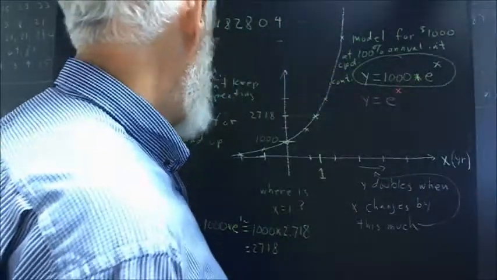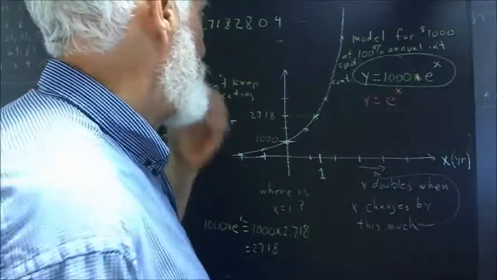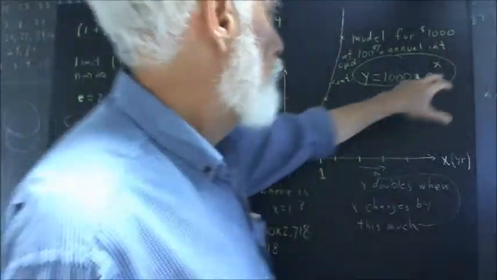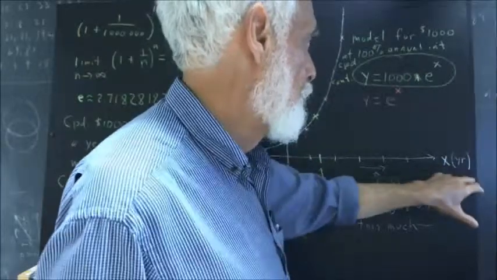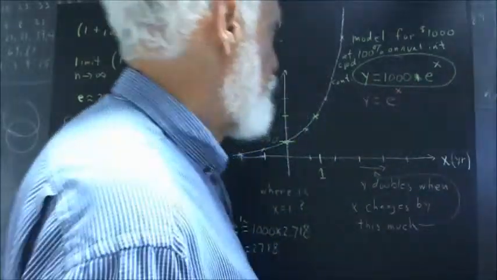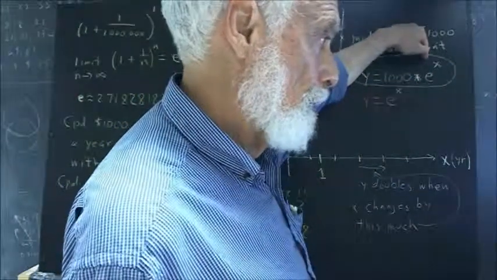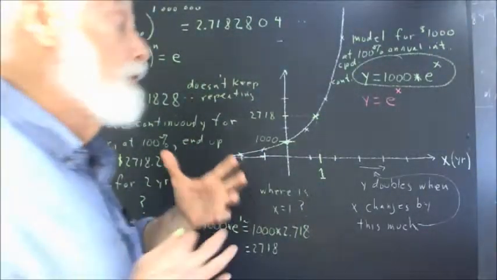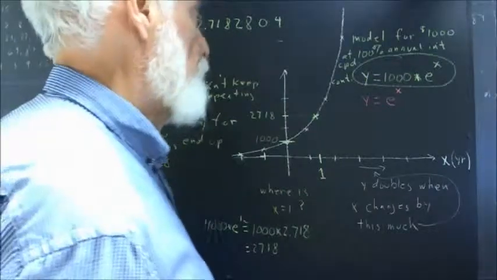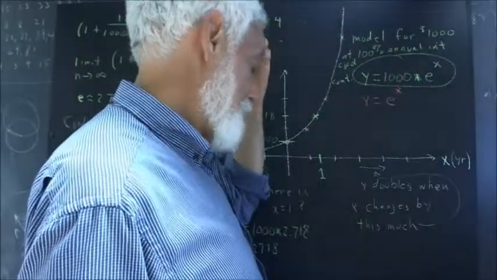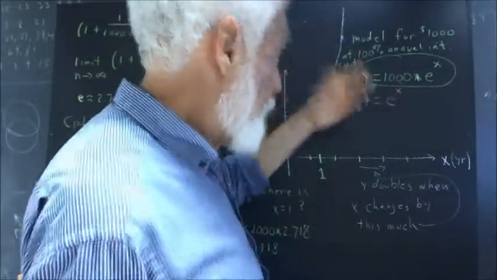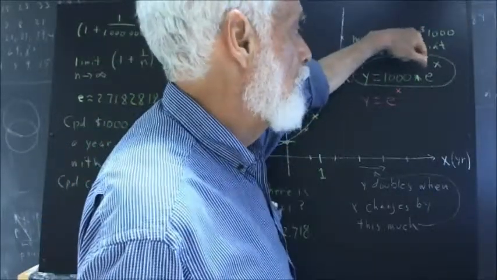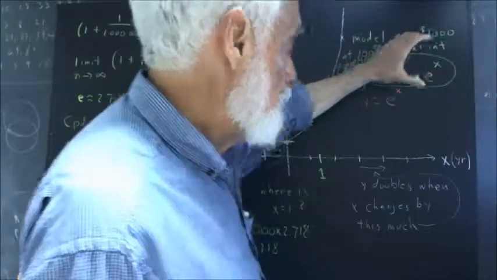Okay. Now, to do this, we first notice that if x equals 0, x is a number of years, x is our 0 year, what's e to the 0 power? Well, you should know that to be consistent with the laws of exponents, we're compelled to set any number to the 0 power equal to 1.